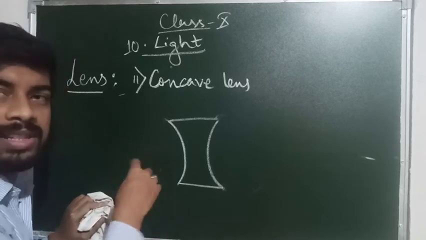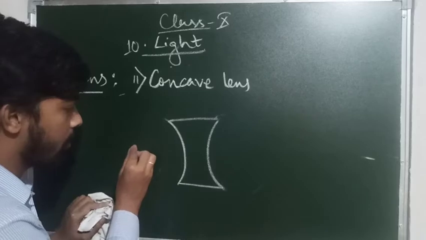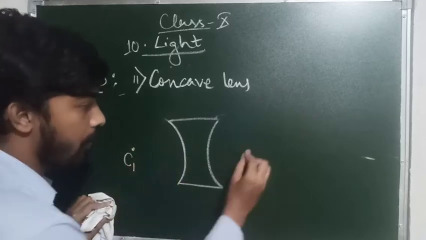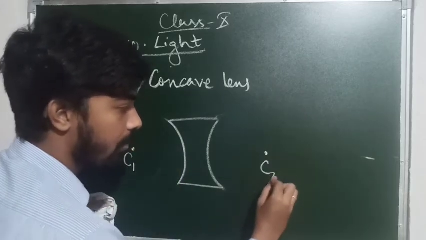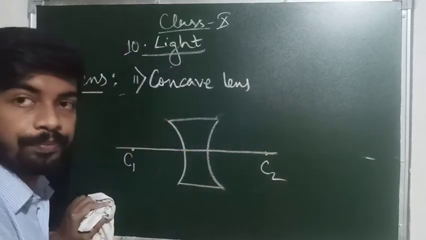So just like the previous one, there are two spheres. Similarly here we'll also have two centers of curvature and a line passing through them.